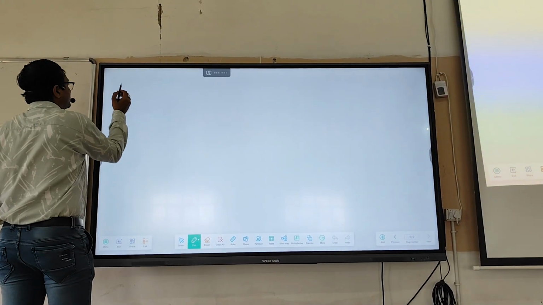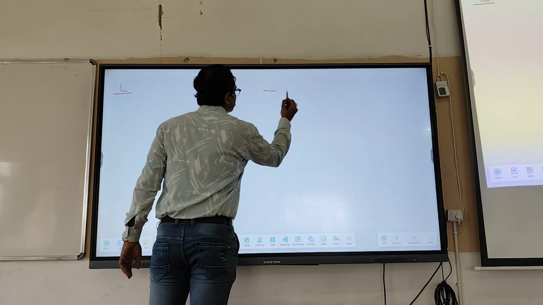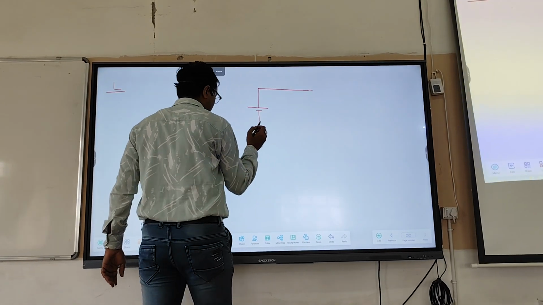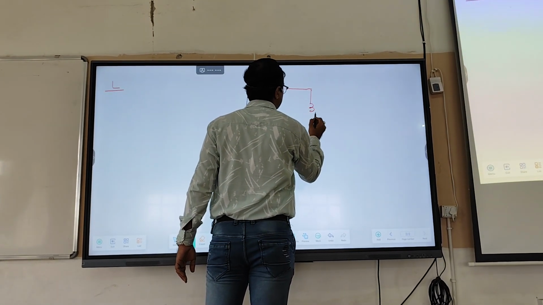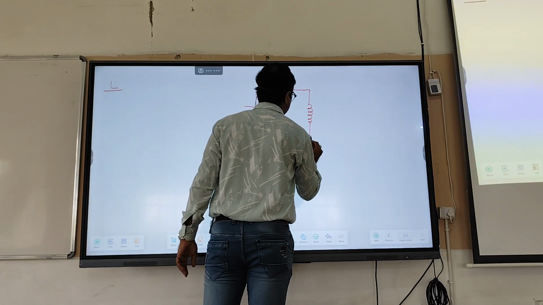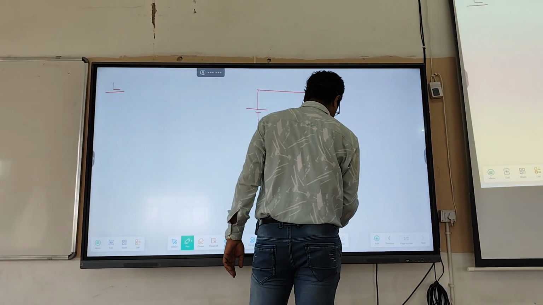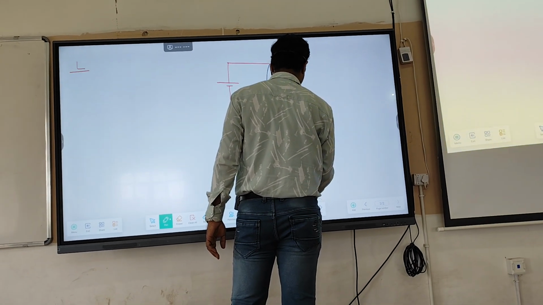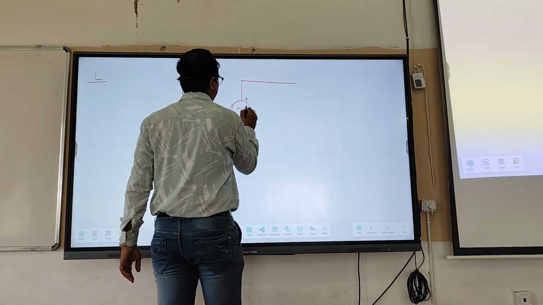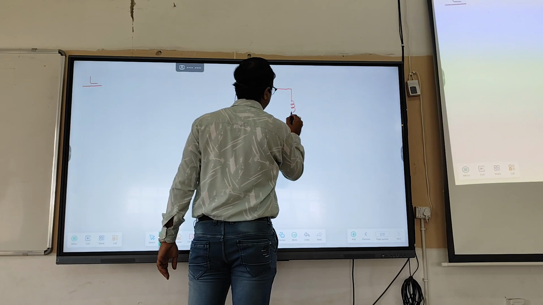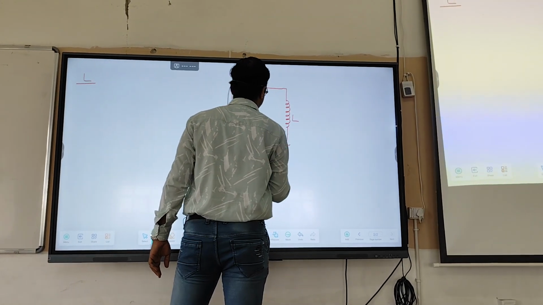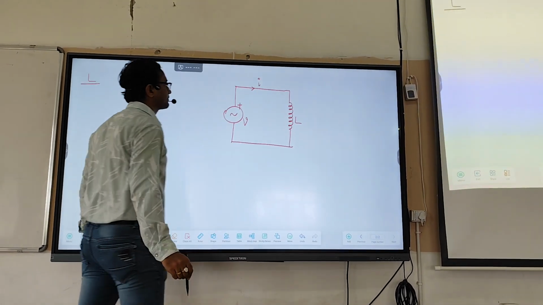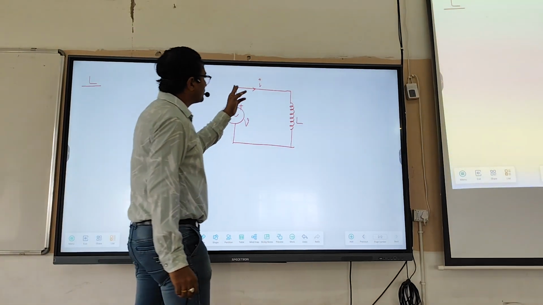Another thing more about inductor. So, for example, I will take this inductor and some current is flowing here.